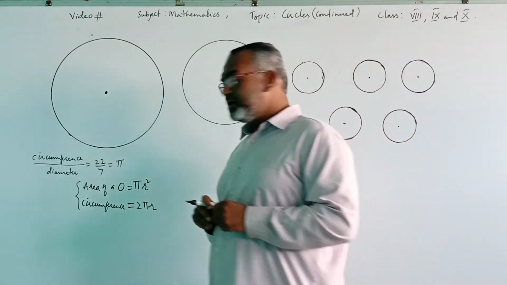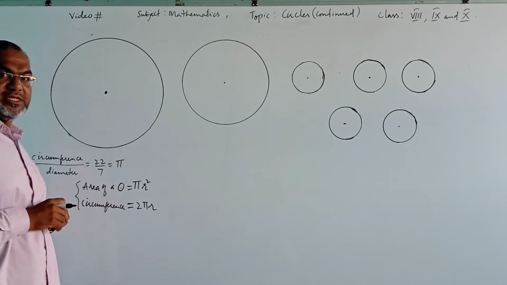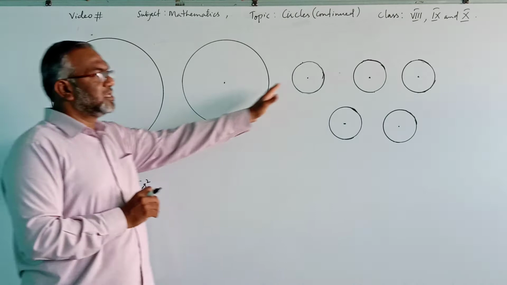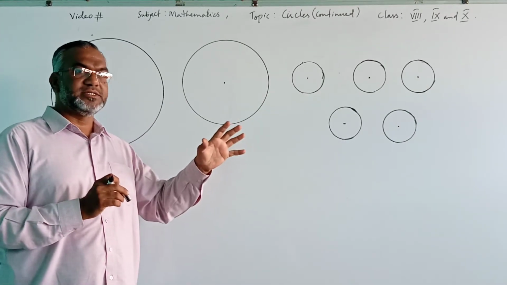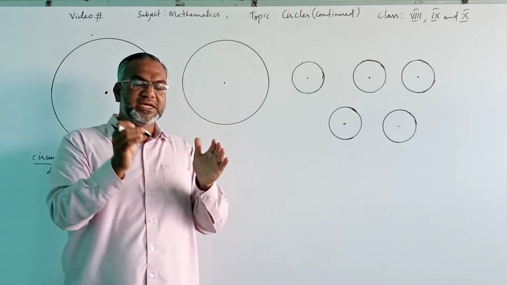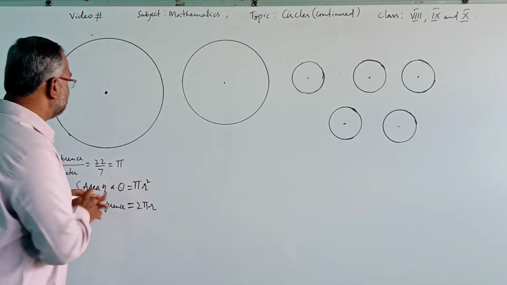Now, one more important thing about circles is, you have to remember that as the radius increases, area of circle also increases. As the radius decreases, area of circle also decreases. Area means this space.